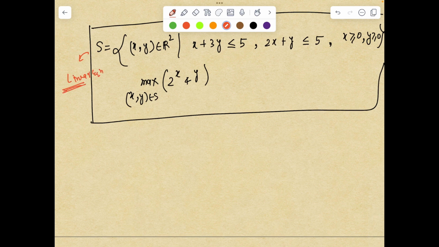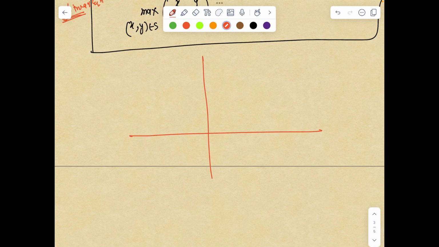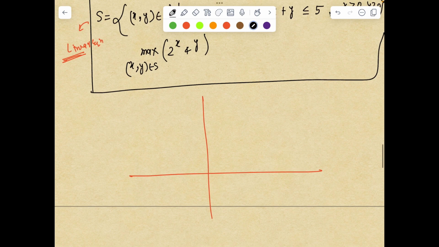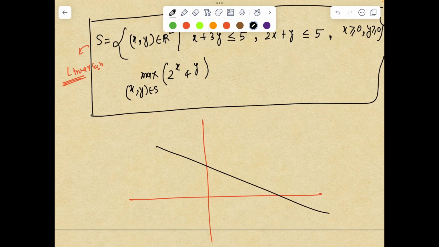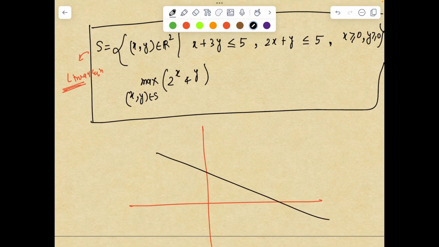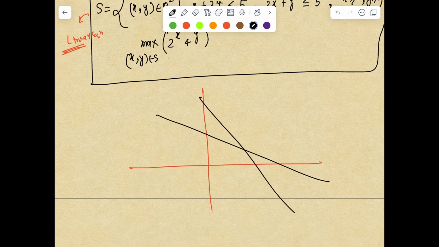So let's first try to plot this curve, x plus 3y equal to 5. Right, so x plus 3y equal to 5 would roughly look like this. 2x plus y is 5, again it will roughly look like this. Their point of intersection is going to be 2, 1.